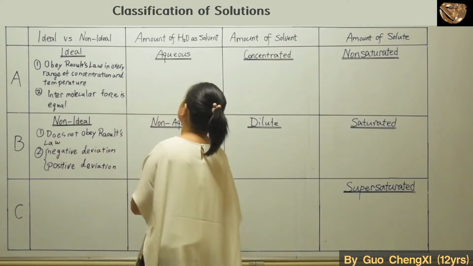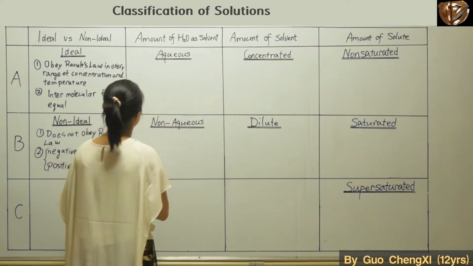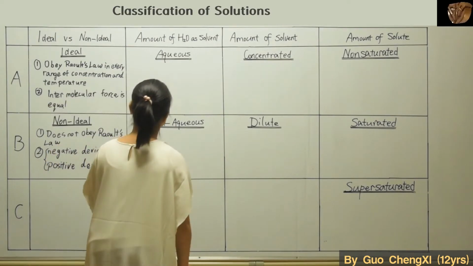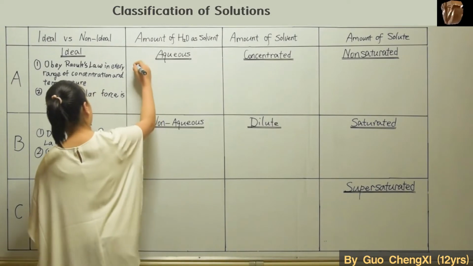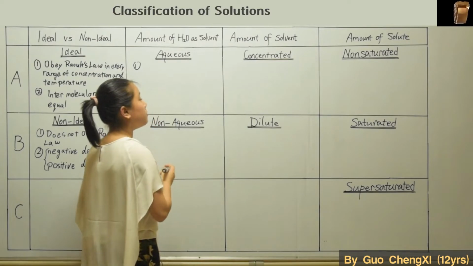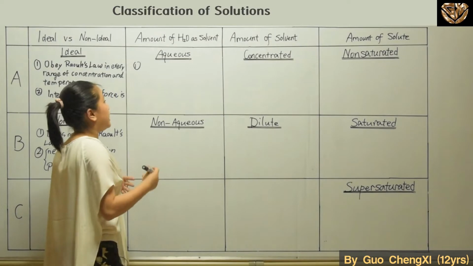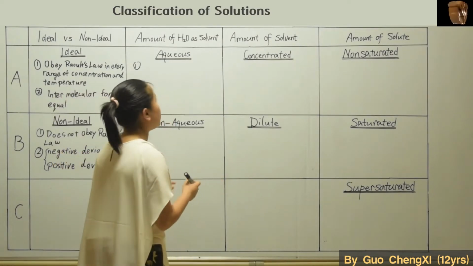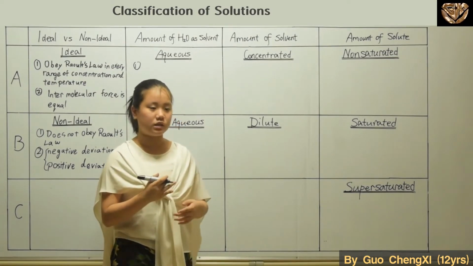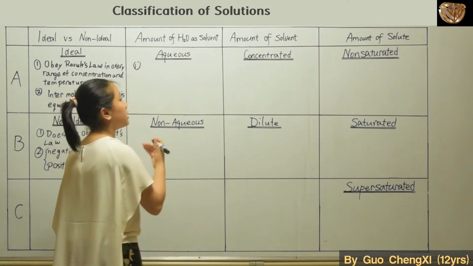Okay, so now it's aqueous and non-aqueous. Over here we're going to see the amount of H2O as solvent. This is going to be more or less obvious, because for a lot of experiments we use water as a base, not because we only do experiments using water as a solvent, but because it is easier to convert to the others.